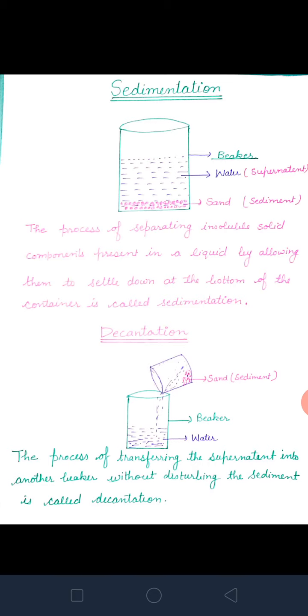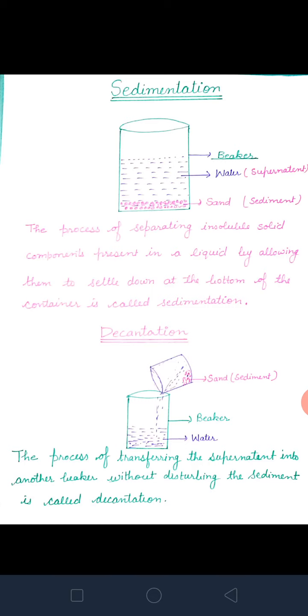The dirt which is present in the rice and pulses will settle down at the bottom, and then we will remove the water, decant the water, and separate the dirt particles. In this way, we can remove the dirt particles from the rice and pulses.